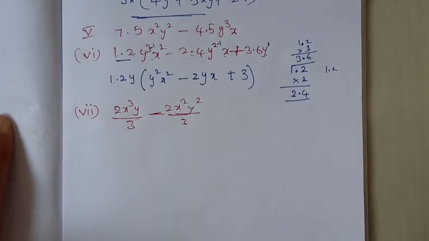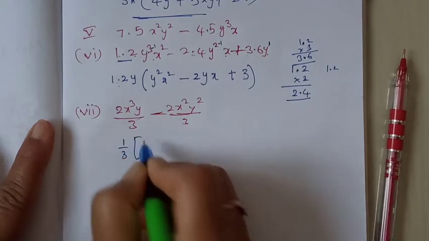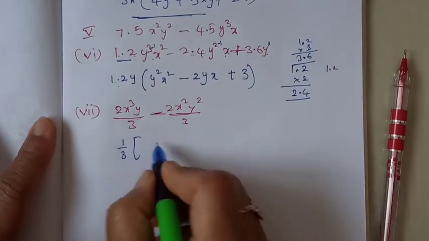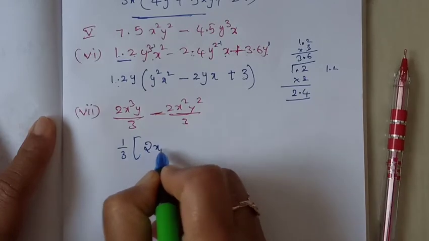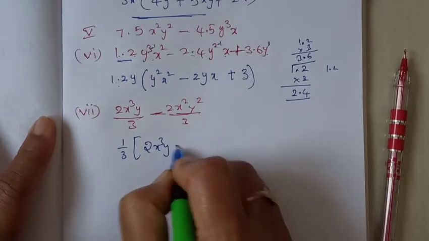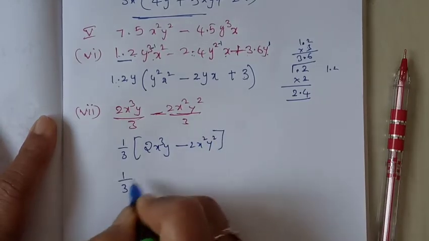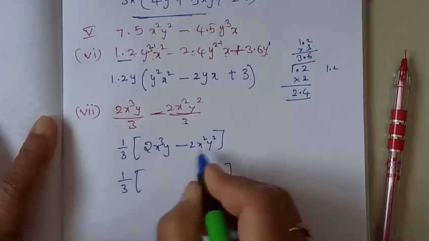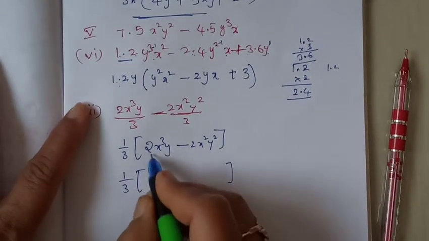Okay, first we will go with taking out 1 by 3 as common. Now what is left? 2x cube y minus 2x square y square. 1 by 3 will keep it as it is, and inside also we will check what is common.